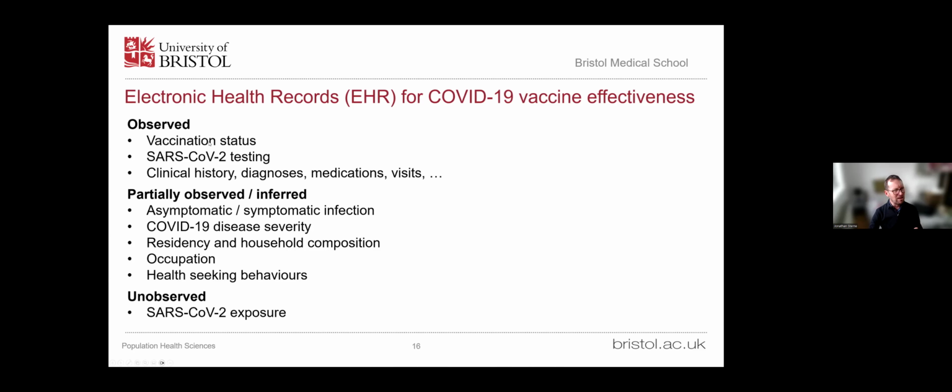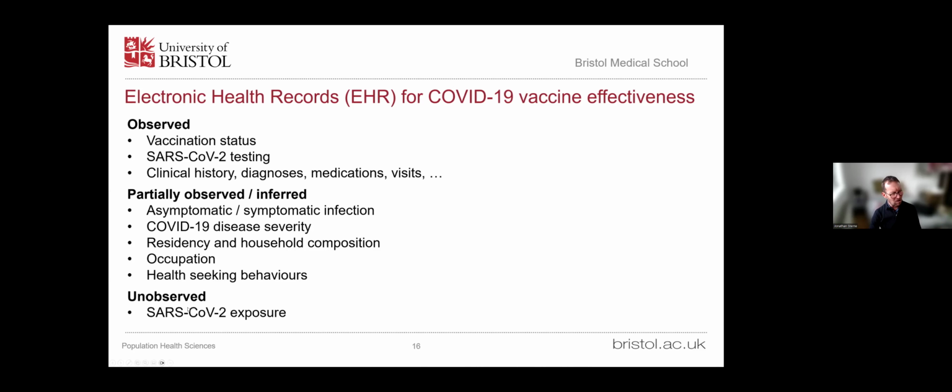So we had really good data on vaccination status, on testing for SARS-CoV-2, on clinical history, diagnoses, medications, and visits. We had partially observed data or inferred data on asymptomatic and symptomatic infections, COVID-19 disease severity, for example, because we knew whether patients were hospitalized or not, but we didn't have full information on how severe their disease was. We had some information on residency and household composition, occupation, and health-seeking behaviors.